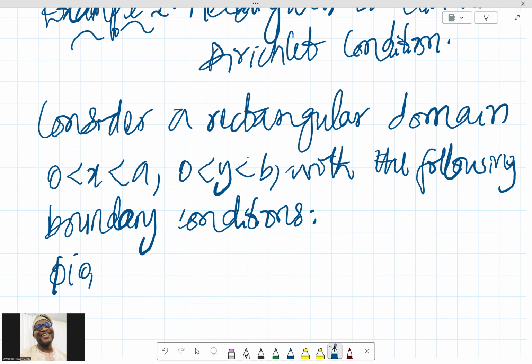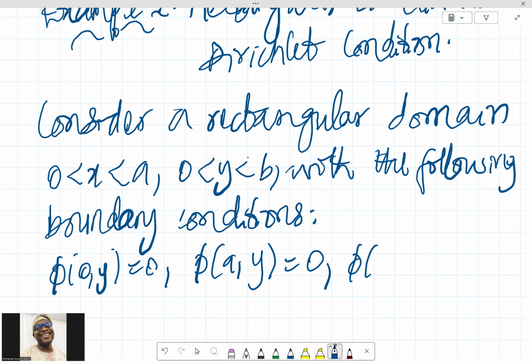Phi of 0 comma y is equal to 0. Phi of a comma y is equal to 0. Phi of x comma 0 is 0.